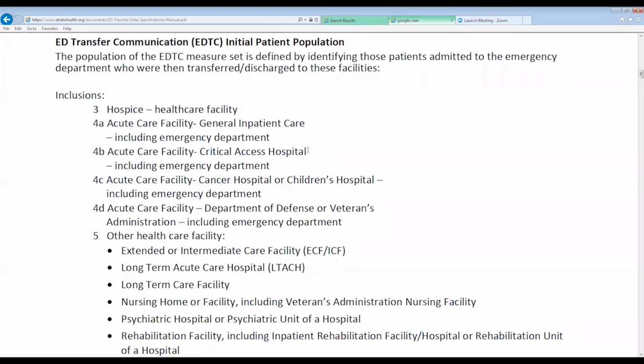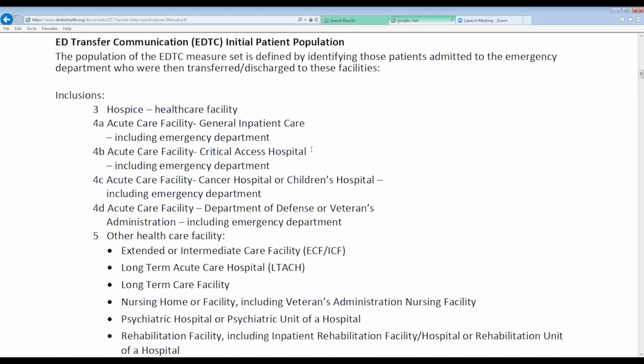If you would be sending them to another critical access hospital, I don't know how much that happens in your state, maybe it doesn't, but in some real remote places you might be transferring to another critical access hospital because that one's a little bigger or has more services than yours.